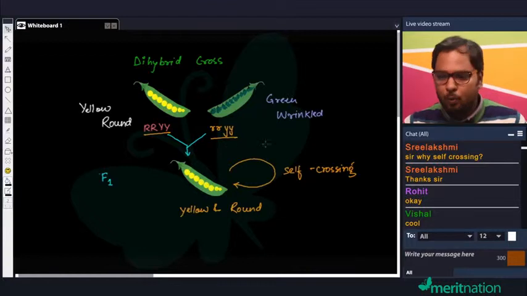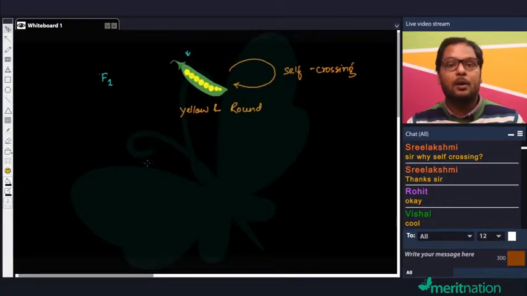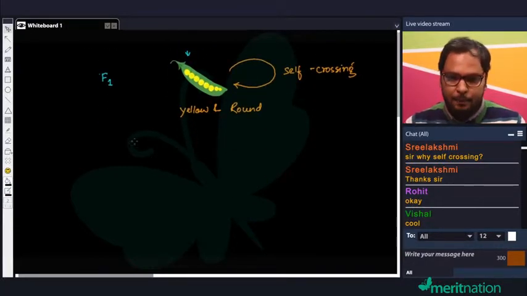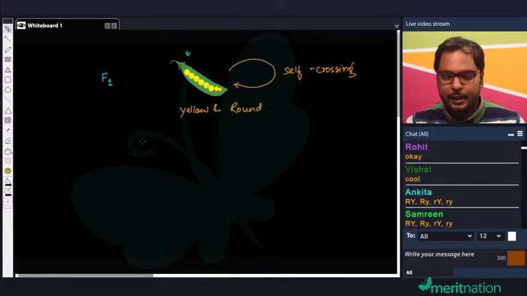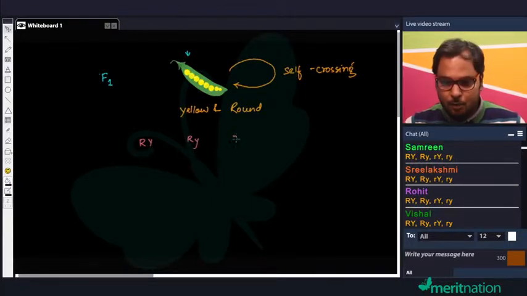So what are the different gametes we can get from this cross? They are capital R capital Y, capital R small y, small r capital Y, and small r small y. Why is that?